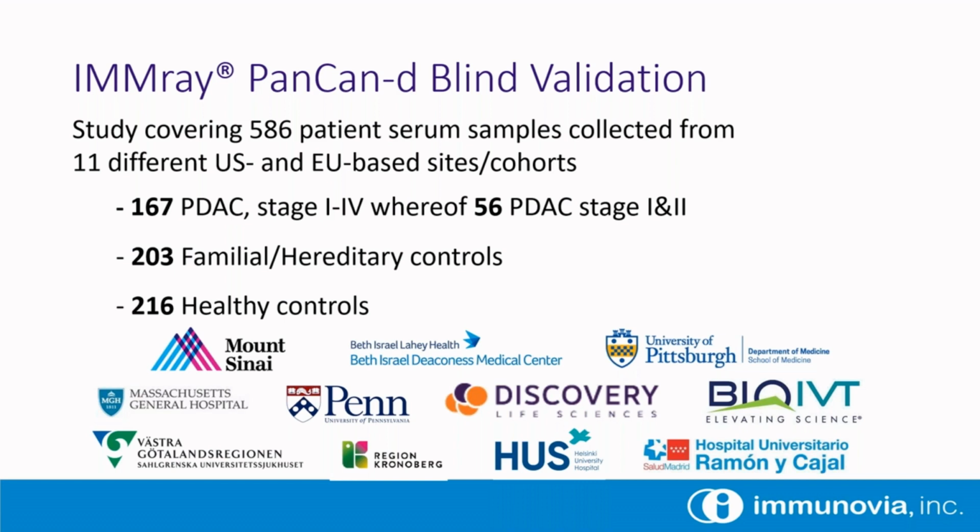These individual samples came from our PanFam clinical trial, which we are currently analyzing and hope to complete in Q1 of next year. These individuals are at high risk for pancreatic cancer because of known germline mutations or family history of pancreatic cancer. We also included healthy controls in this study.